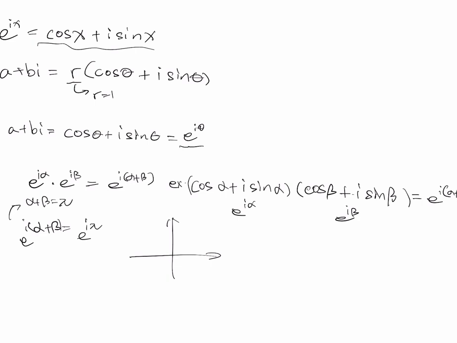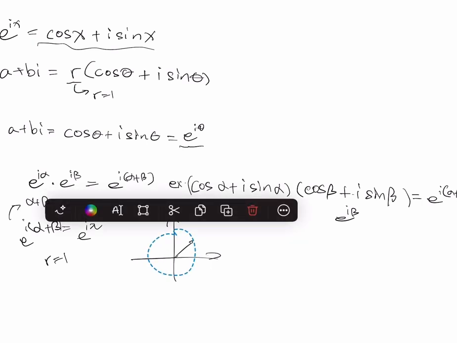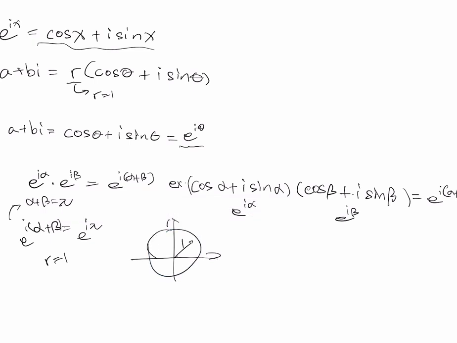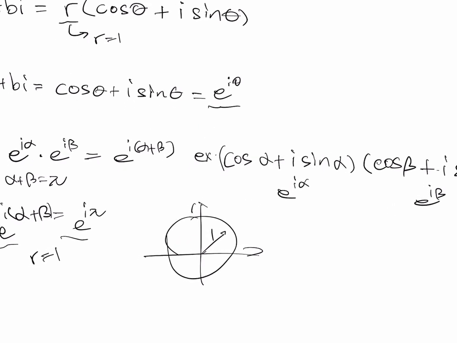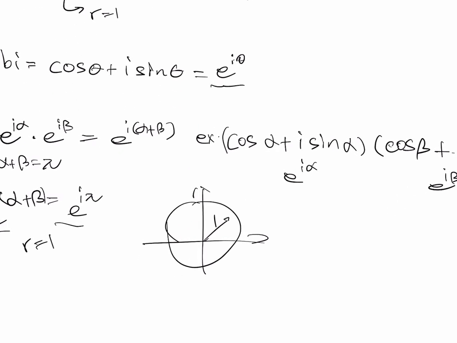Also we gotta remember that r equals 1, so this is a unit circle, r equals 1. Again, those two numbers are both complex numbers, and the angle is pi.